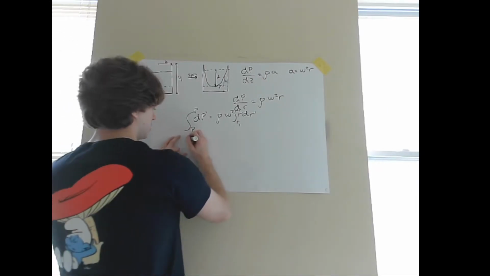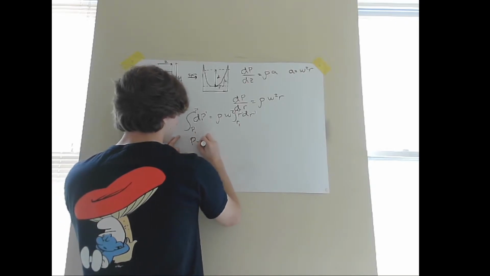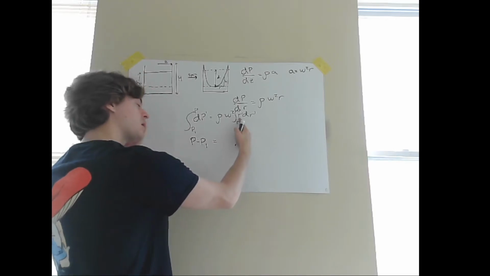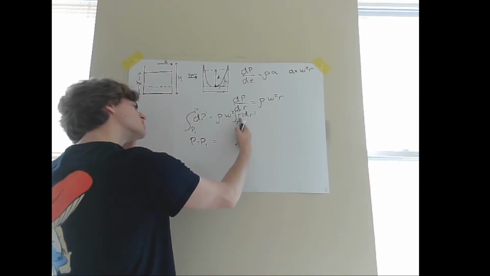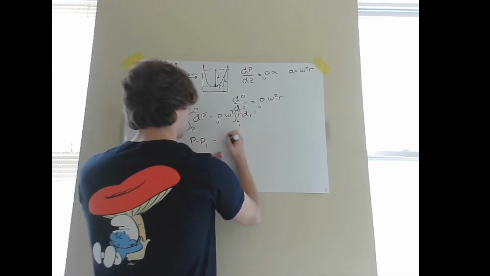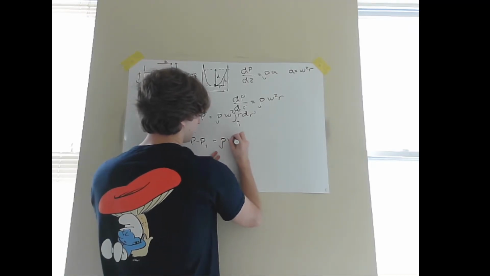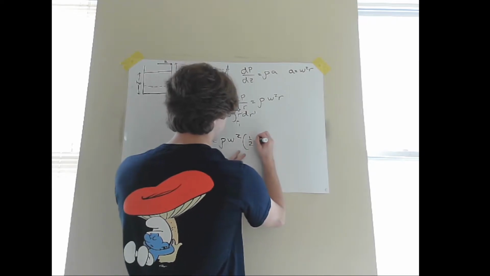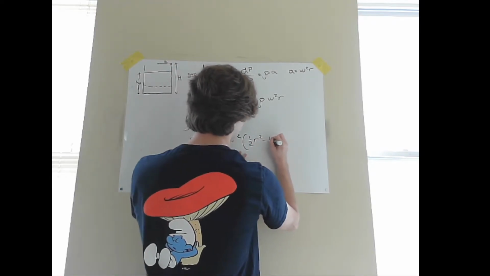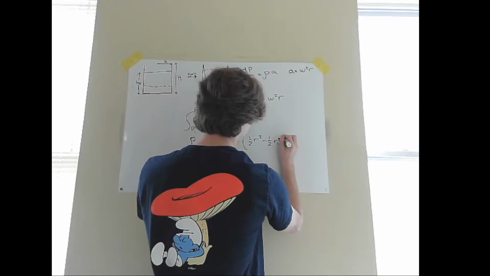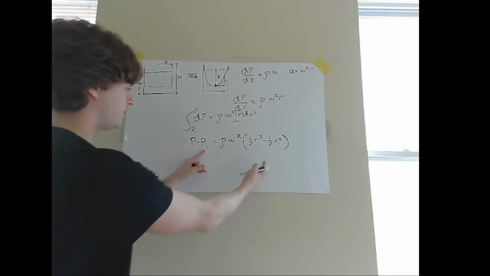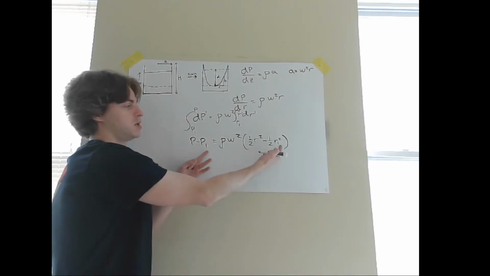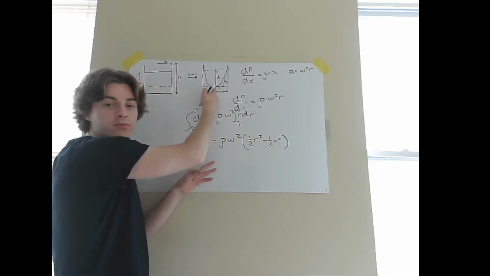Integration of this is just going to be P minus P1 equals the integration of R, which is one half R squared. We're going to have our constants out front again, and one half R squared minus one half R1 squared. Like I said, our starting points indicate the values at the middle of the cup.